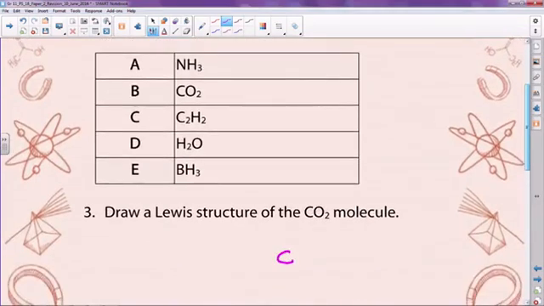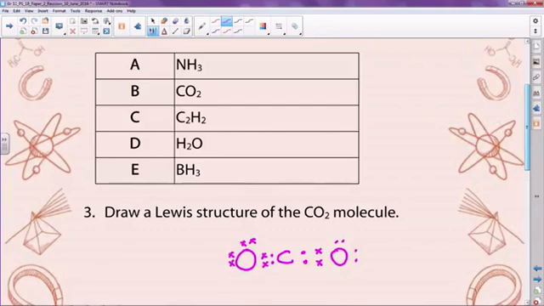So that means in the middle is going to be my carbon. I'm going to put 2 electrons there and 2 electrons there, because actually what happens is that the oxygen forms a double bond. Let's make some space here. So there's my 2 electrons that belong to the carbon. There's my 2 that belong to the oxygen. And there we go. And remember, I need to check that there's 8 electrons around.